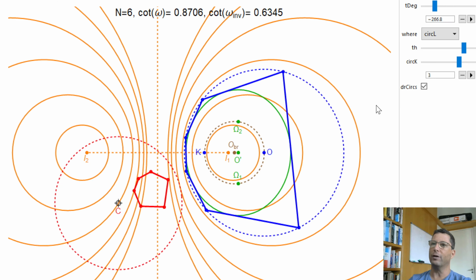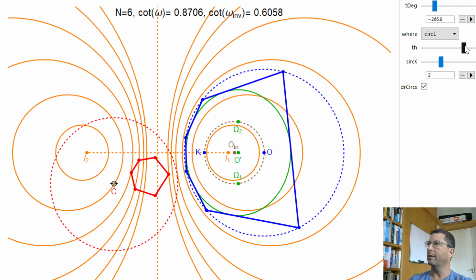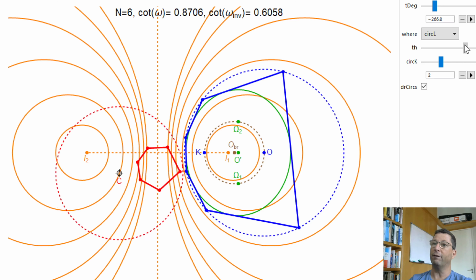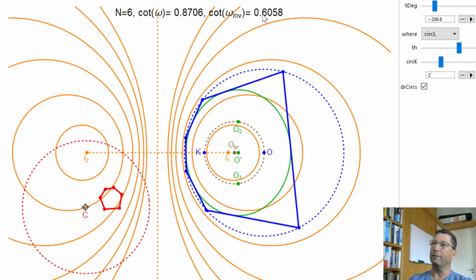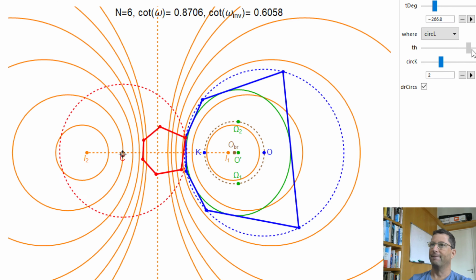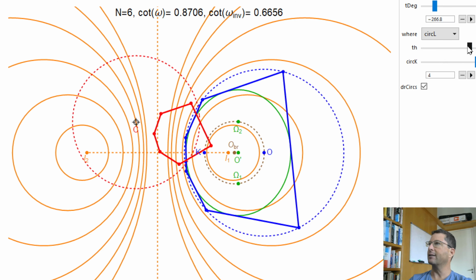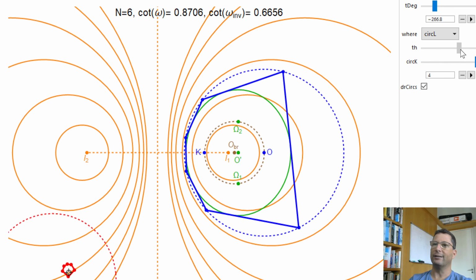Let's move over to another circle, for example this one over here. I moved over to this circle, and I'm going to do the same sweeping. And you can see that I've jumped to a different cotangent of my inversive Brocard angle, but it's constant. Let's jump over to this circle here and slide over it, still constant.